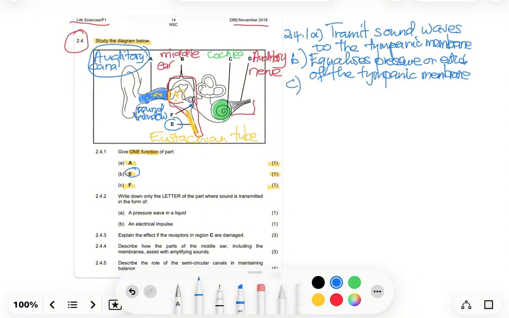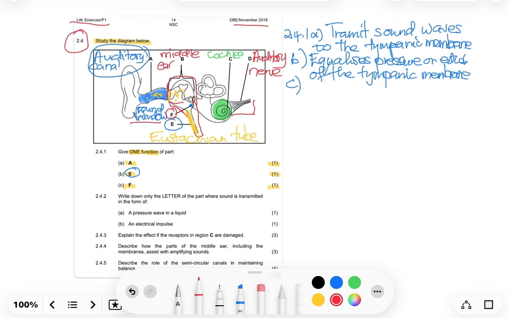So we come to part C. All right, part C is asking for one function of part F, and we're just going to give one function. So we go back to our diagram. Part F, we identified it as this one, which is the round window. And the function of the round window is to release pressure from the inner ear.